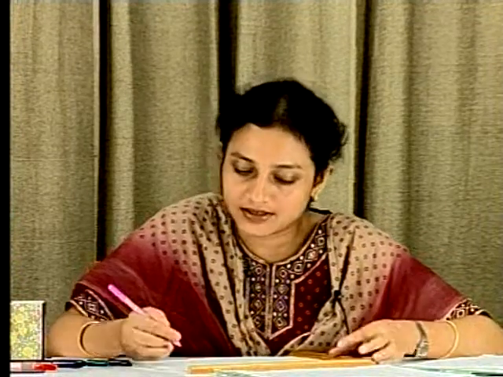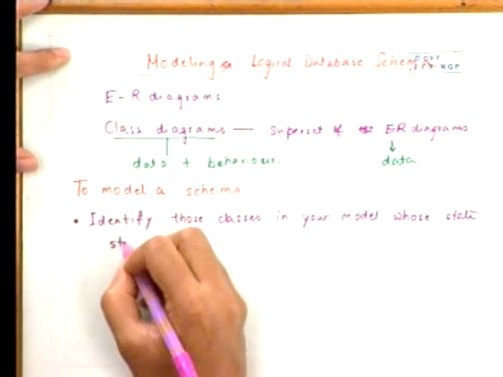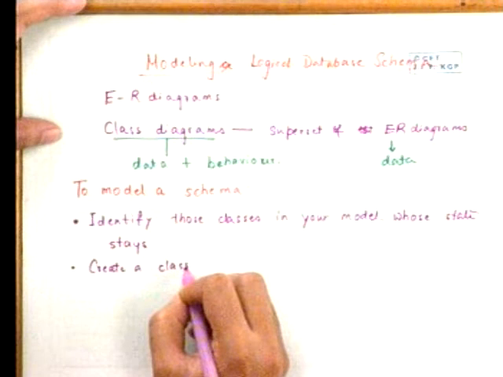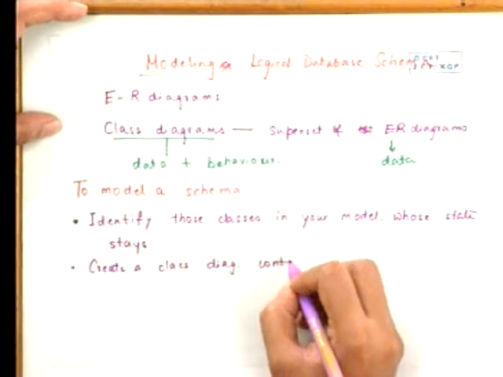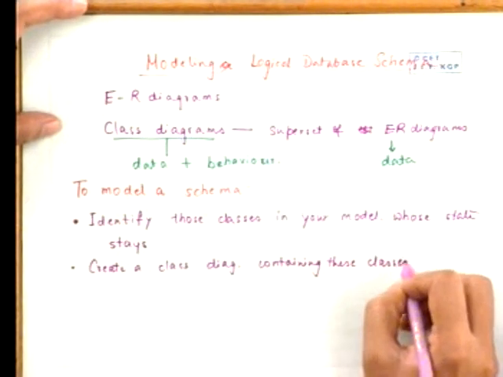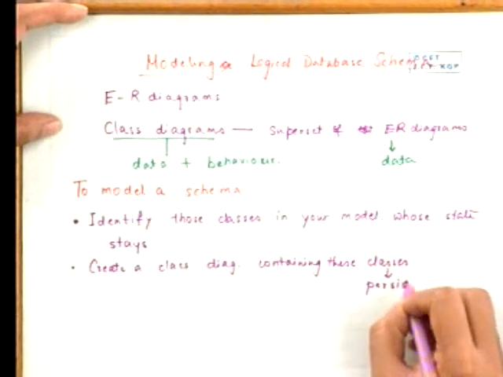So whose state stays even when the application is over. The second step is to create a class diagram that contains these classes. And since these classes transcend the lifetime of the system, these classes must be persistent classes.